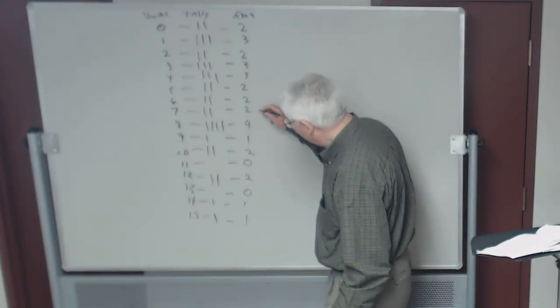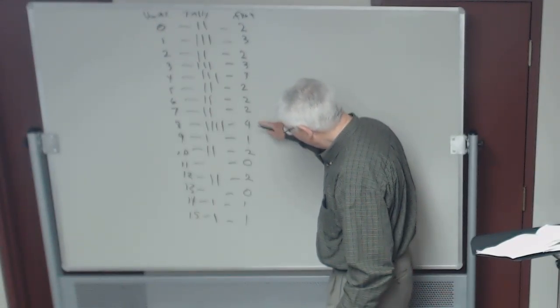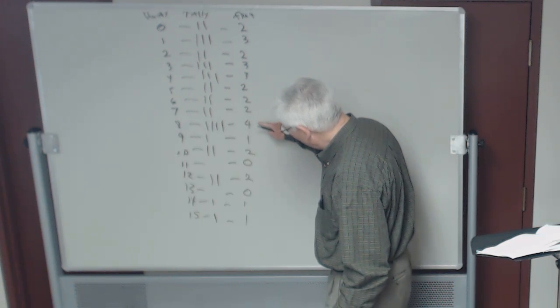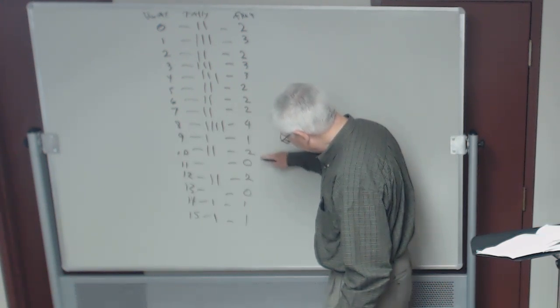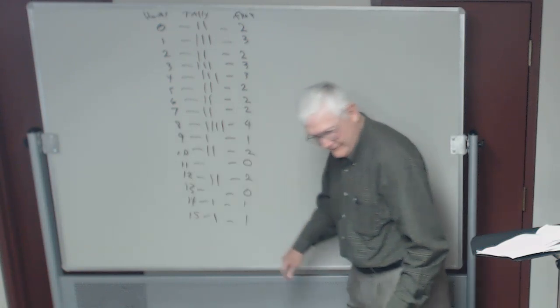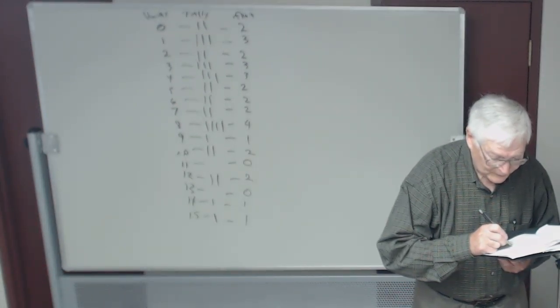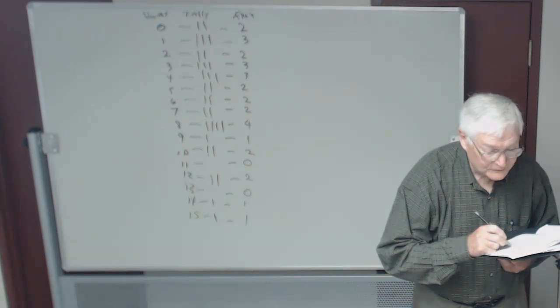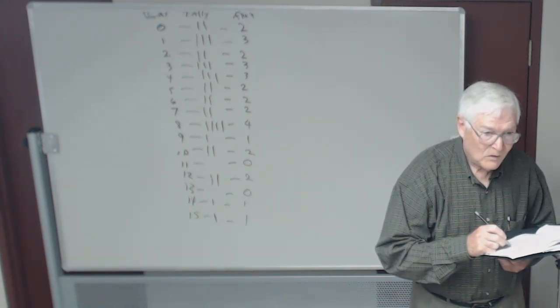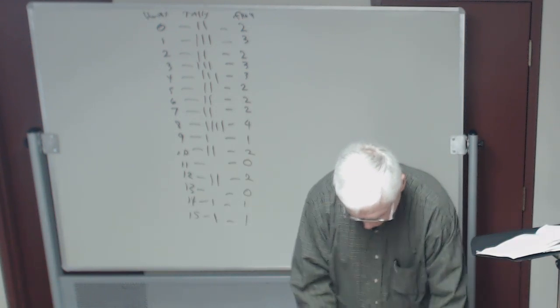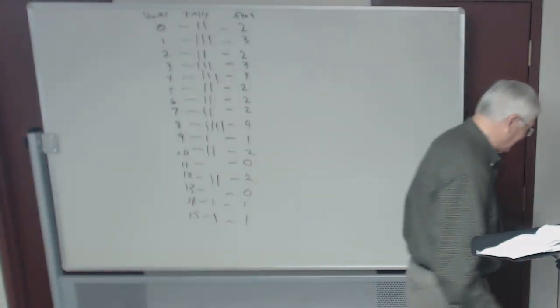What percent of the students watch television more than 7 hours? More than 7 would be what? Let's see. 5, 6, 7, 8, 9, 10, 11. They didn't say how many, they said what percent. 11 out of how many students? 30. So 11 out of 30. What percent would that be? Let's look it up.